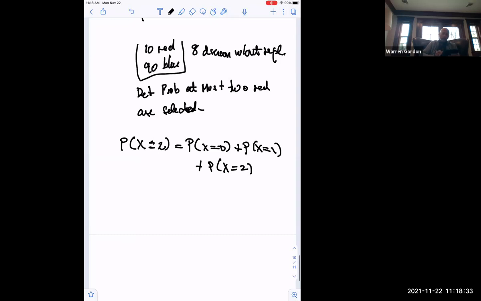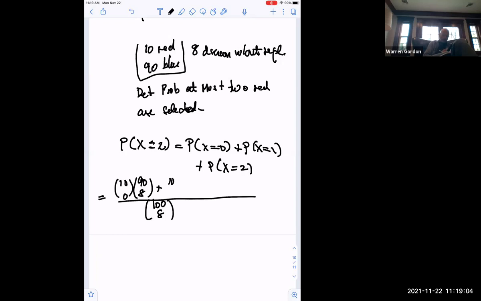If there are no red, well, firstly, I'm drawing from 100 marbles, I'm drawing 8. So here's my denominator. If there are no red, then all 8 are blue.